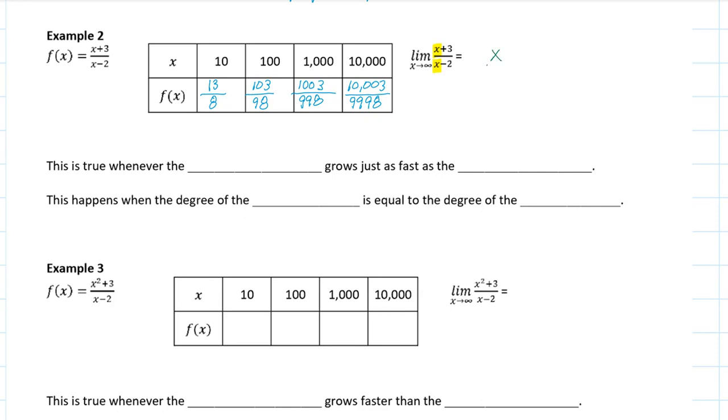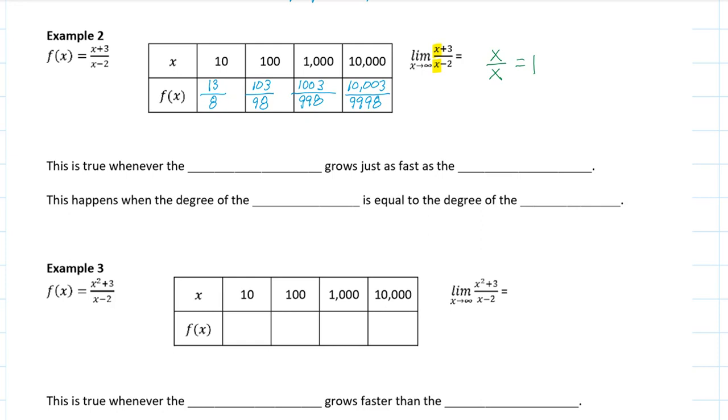If I look at those, I have x over x, which is equal to 1. Even though there's a plus 3 on the top and a minus 2 on the bottom, as x goes towards infinity, the top and the bottom will eventually become so close to each other that the limit is equal to 1.